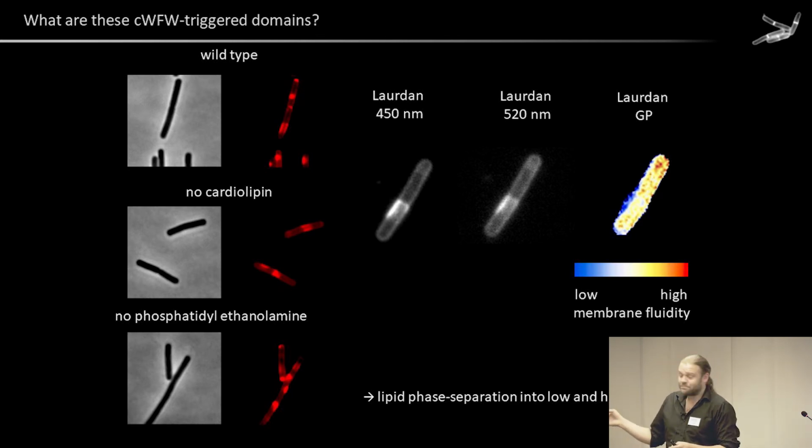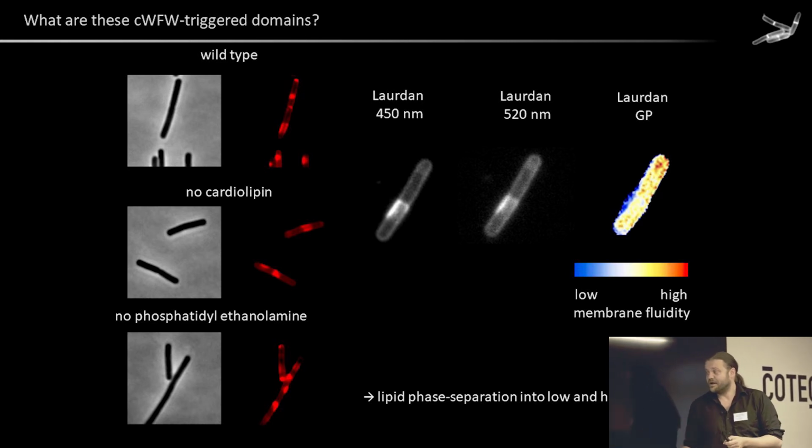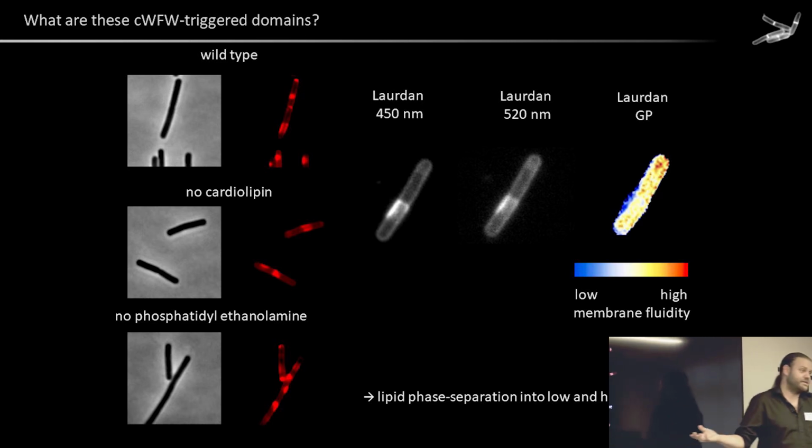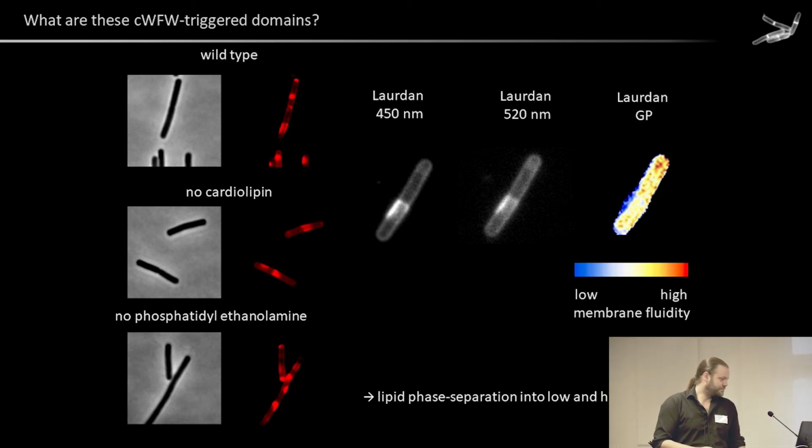So is it that behavior? It turned out not to be. Phosphatidylethanolamine is the only zwitterionic phospholipid in Bacillus. We can get rid of it, and we have only anionic and neutral lipids left. We are still getting this same phenomenon, so it's not that type of behavior either.